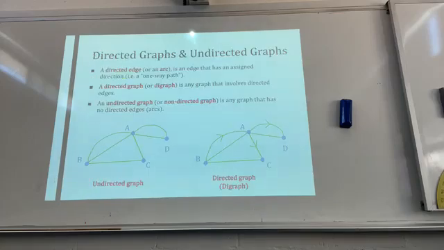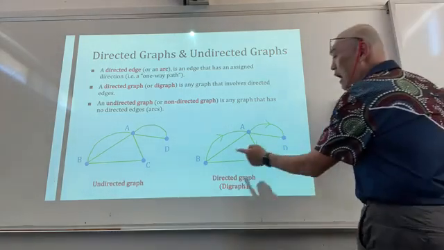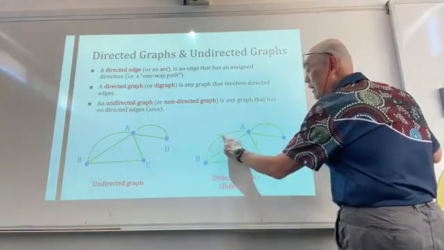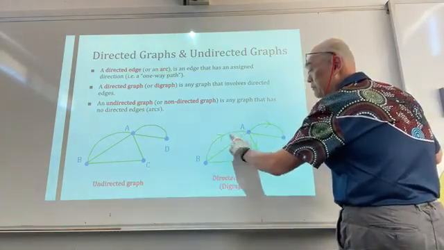Next. Now, directed and undirected graph. A directed edge or an arc is an edge that has assigned direction. It's like a one-way street, one-way path. So you can see that in this diagram, I can only go from B to A using this path.